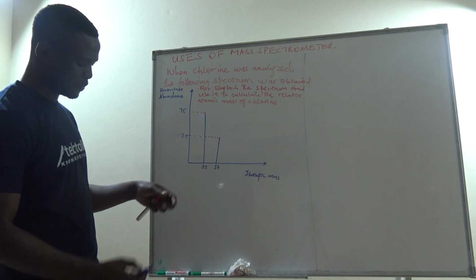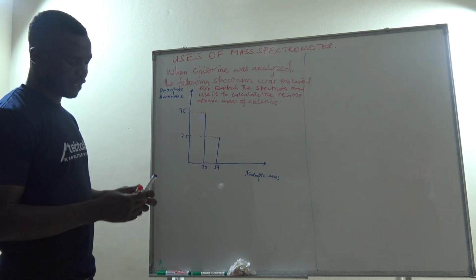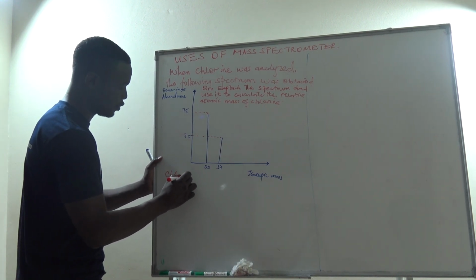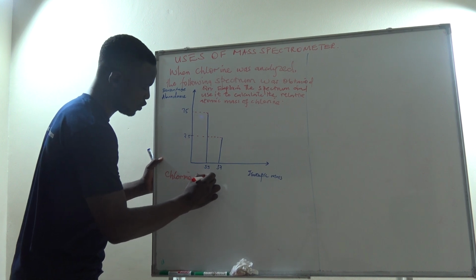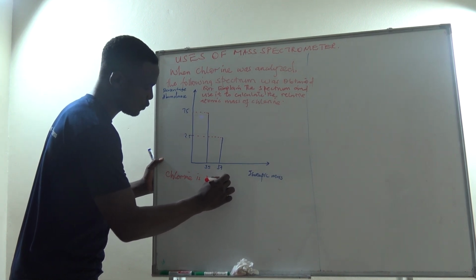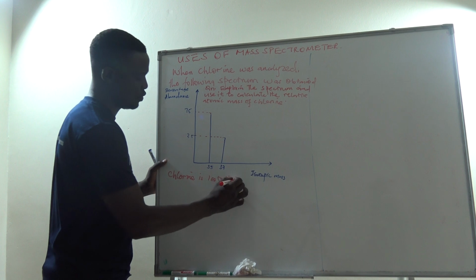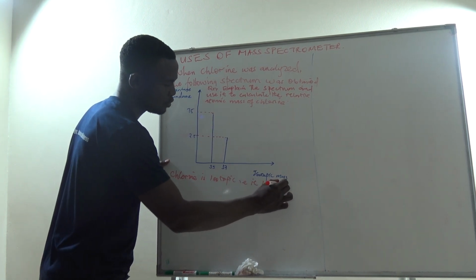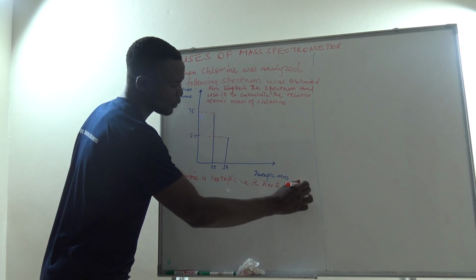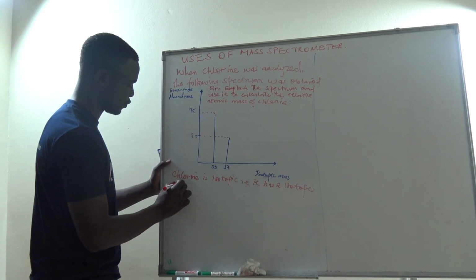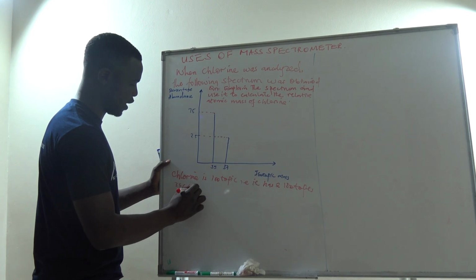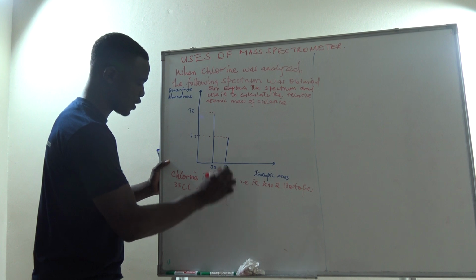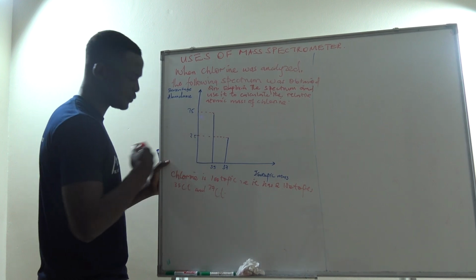One, we are going to say that chlorine is isotopic, i.e., it has two isotopes, that is chlorine 35 and chlorine 37.